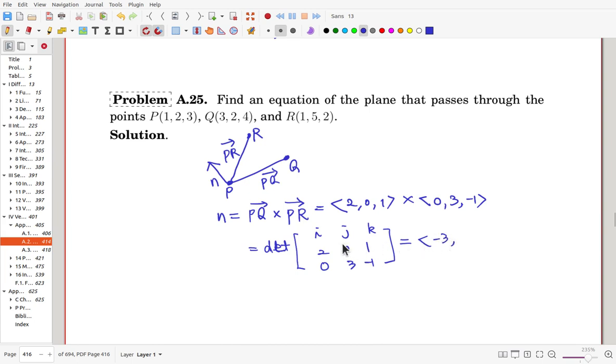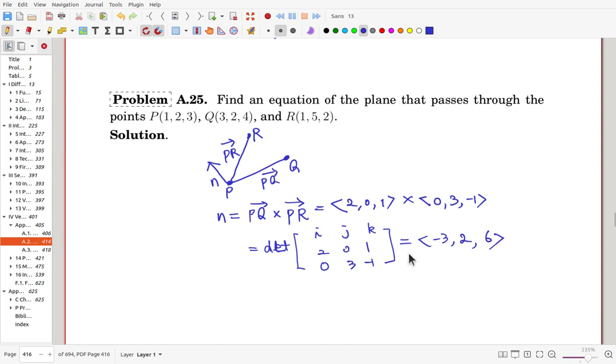Right? For J, the minor is this, 2, 1, 0, minus 1, and that determinant is minus 2, but for J we need a minus, so that is 2. For the last one, the corresponding minor is this, so that must be 6.